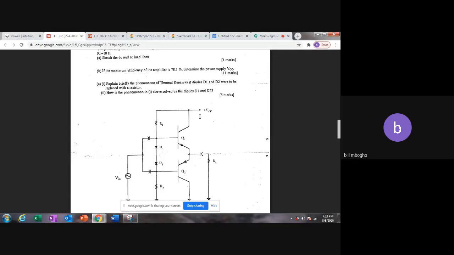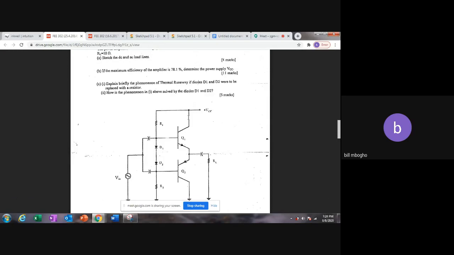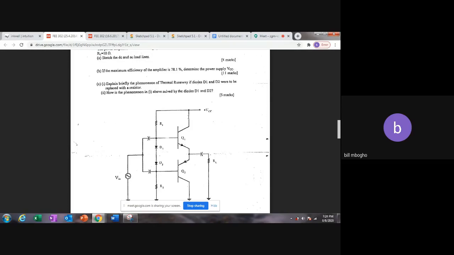We know that there is voltage being dropped here, but there is no resistor here. So the question is, what current is going to be drawn from here? That current is independent of the voltage across here. If we don't bias this transistor, then the current drawn will be equal to 0.